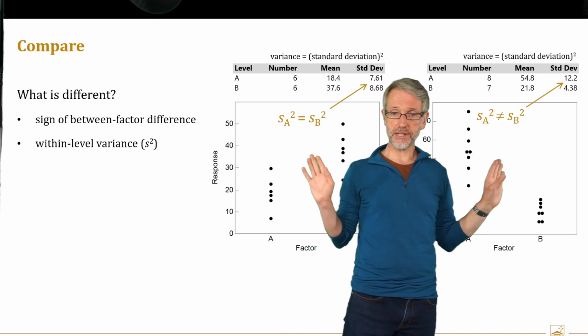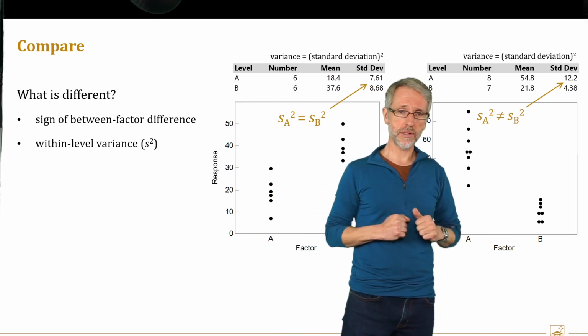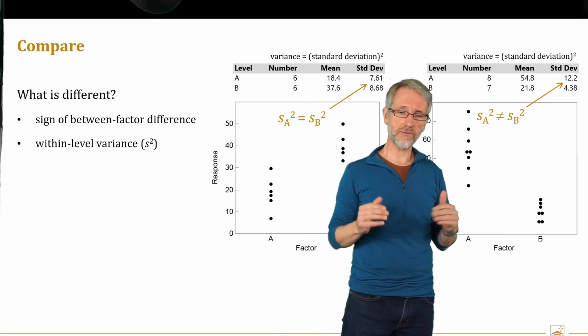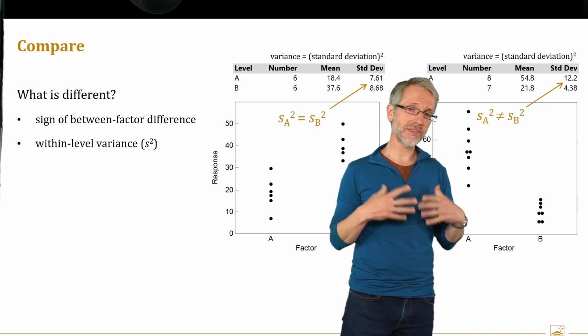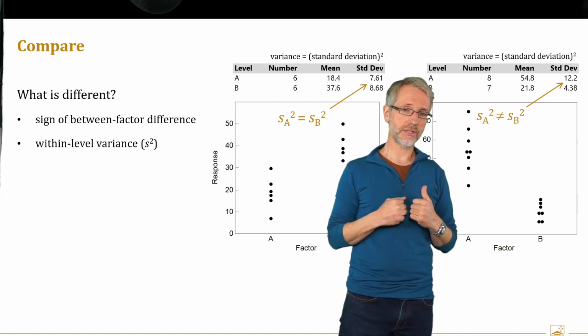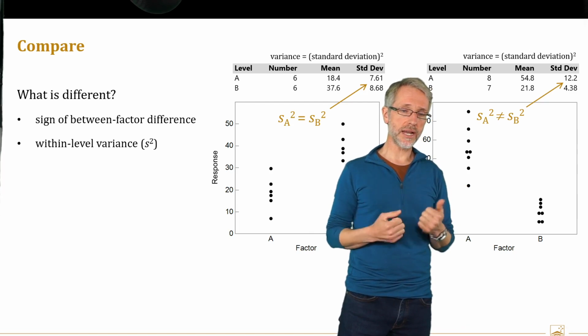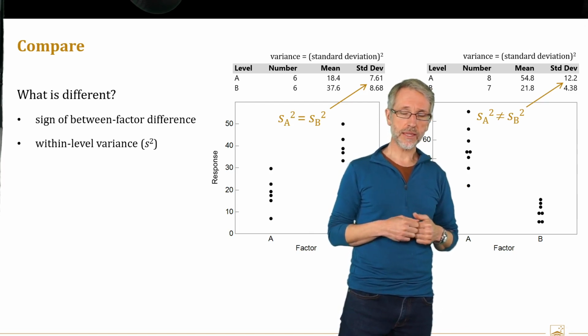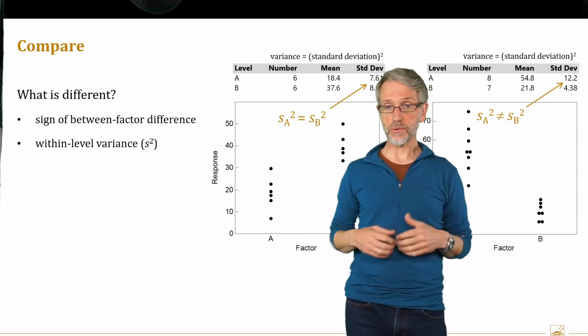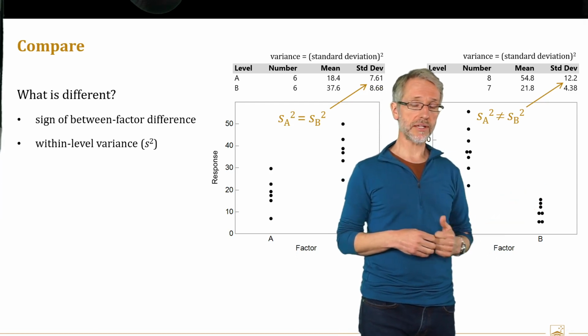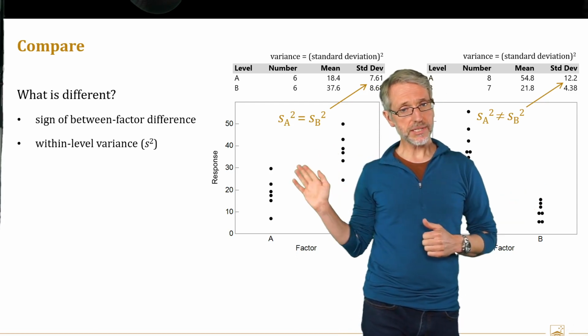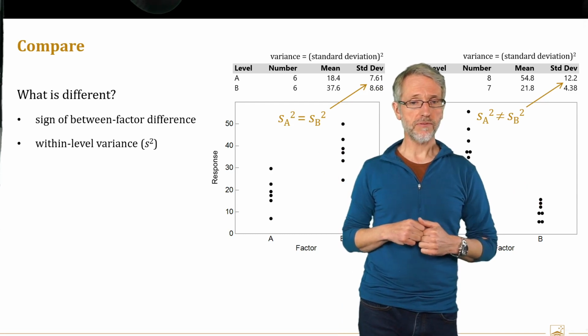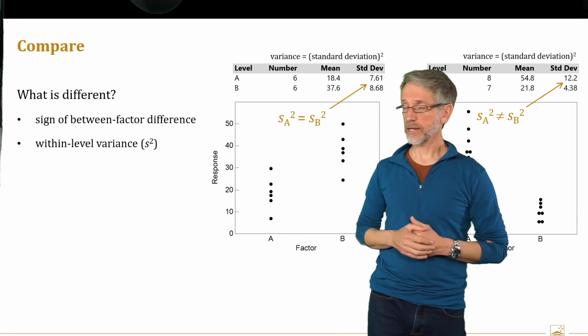And that is a big difference between these two. Yes, the direction of the differences is different, but the real important difference lies in the nature of the variance itself. That the variance is not equal on this side between factor level A and B, whereas it is equal between factor level A and B on this side.